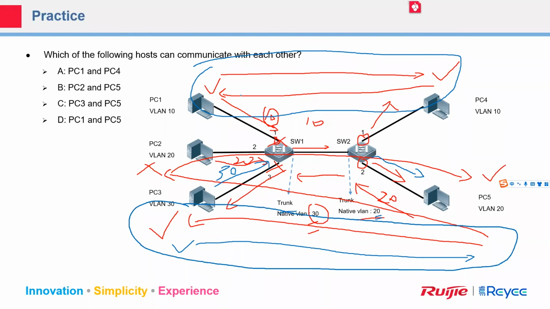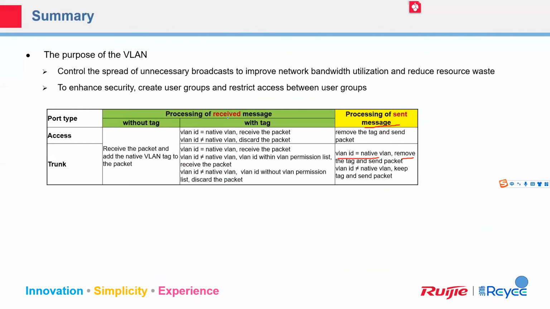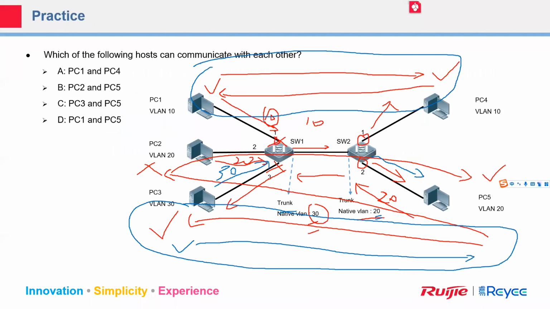Is it okay for you to understand this process? This is the main process of this part, the summary: how to deal with the message with the tag or without the tag. It's clear for you, right? So the correct answer is A and C. It's easy for you to understand, I think. Now you know the detail of the VLAN.